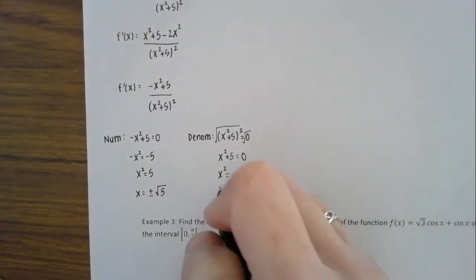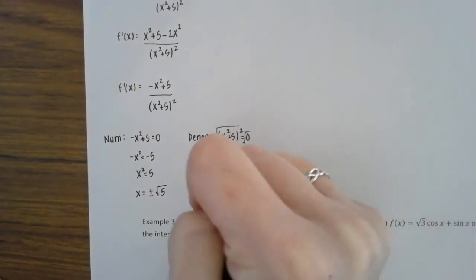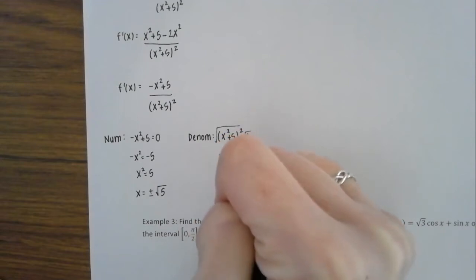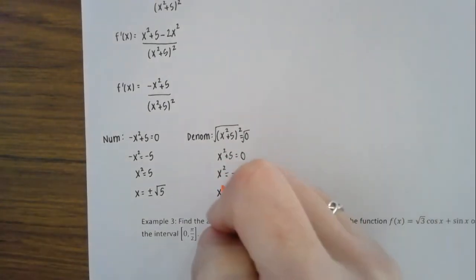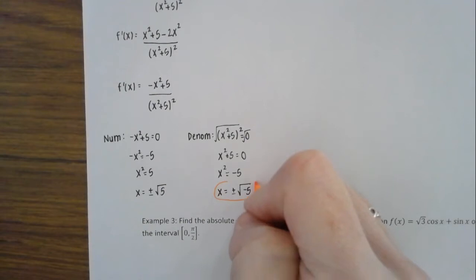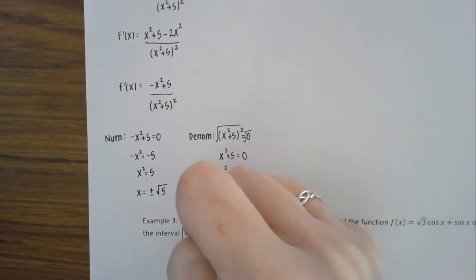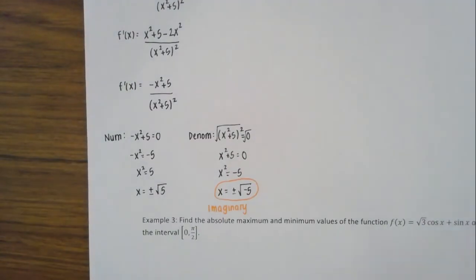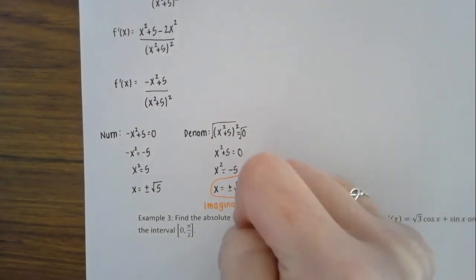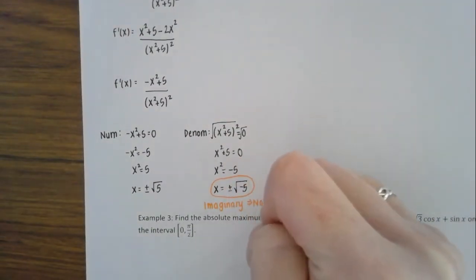For this one, there's a problem here because when I take the square root of this, this is going to give me x is equal to plus or minus the square root of -5. This is an imaginary number. So this denominator actually does not produce any critical numbers. If I get an imaginary number here, this is not a critical number.